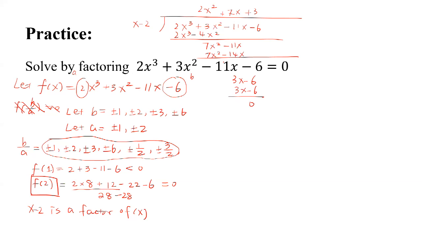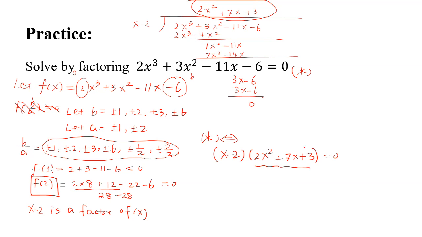Okay, so as you can see here, the other factor is 2x squared plus 7x plus 3. So let's call the original equation asterisk.